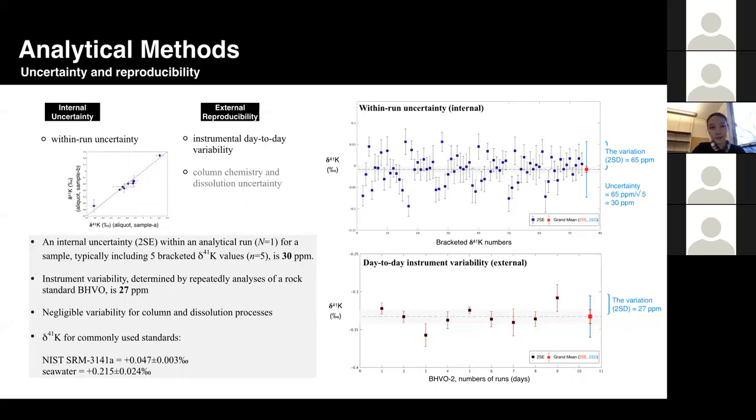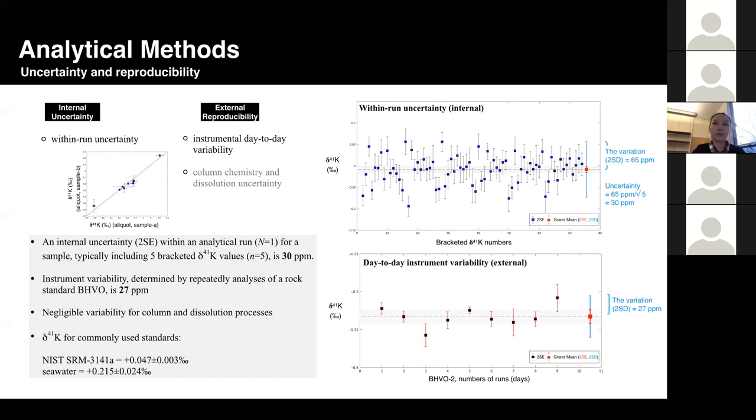The external reproducibility includes instrumental day-to-day variability and uncertainties added through the column chemistry and dissolution process. As I mentioned before, the uncertainty for columns and dissolutions is negligible. So we consider our external reproducibility to be 27 ppm, based on measurements of a single aliquot from different days.